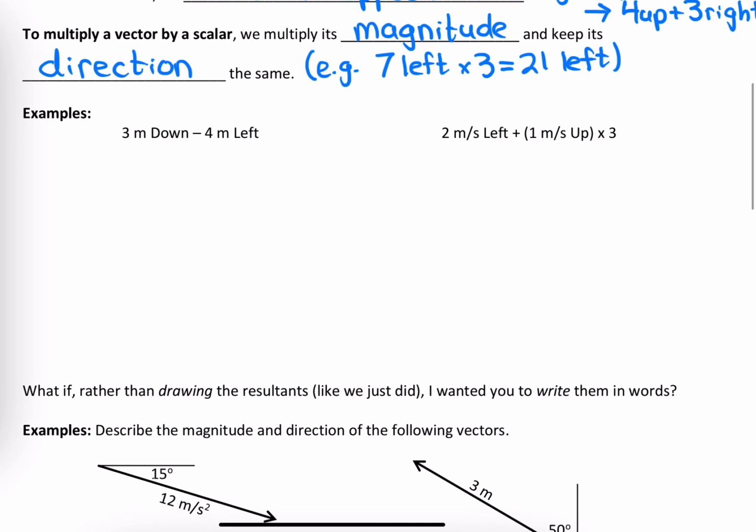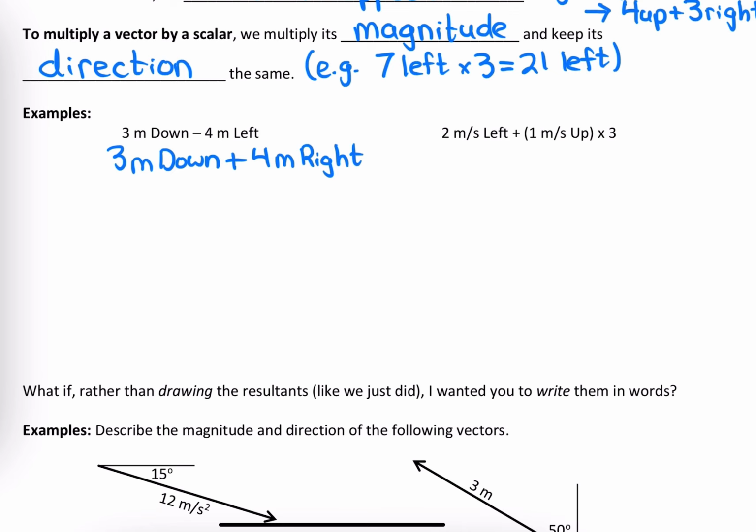So I can change this question to 3 meters down plus, and then the opposite of 4 meters left is going to be 4 meters right. Instead of subtracting this vector, I added the opposite of it.